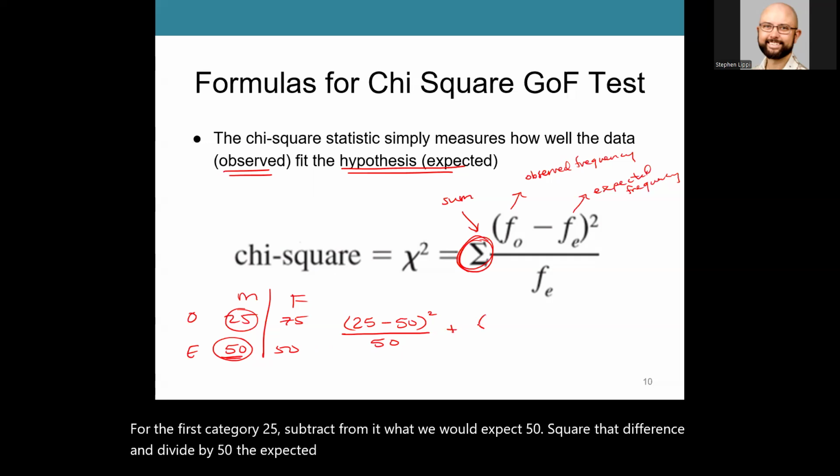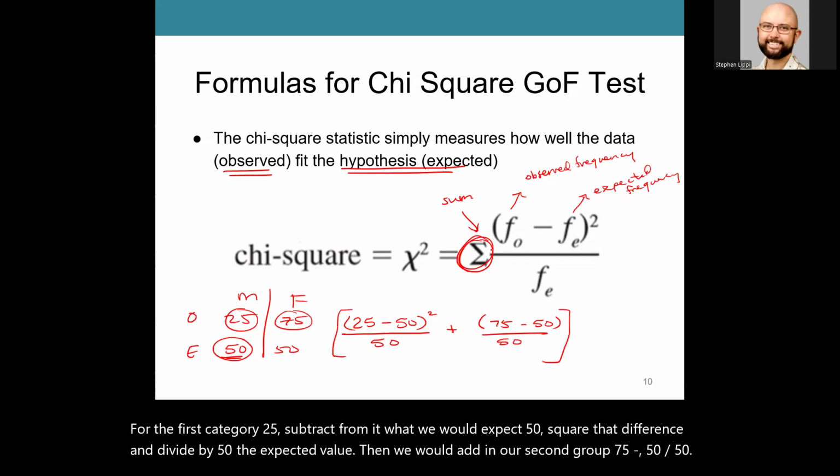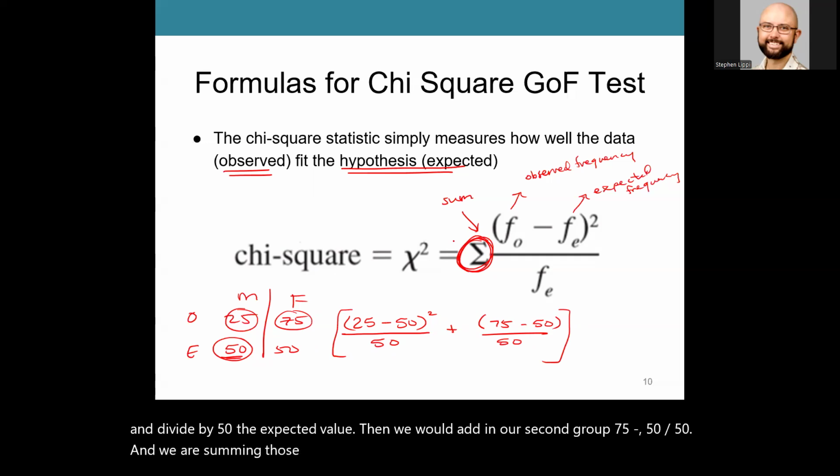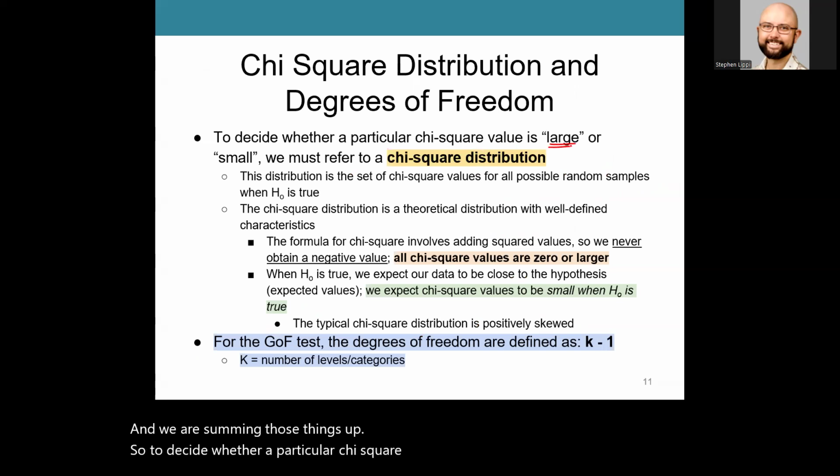Then we would add, in our second group, 75 minus 50, squared, divided by 50. And we're summing those things up. So to decide whether a particular chi-square value is large or small, we must refer to a chi-square distribution.